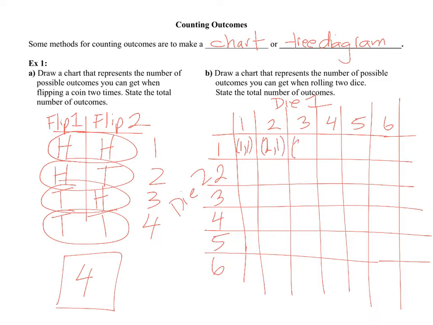For die 1 I'll get a 3, and then for die 2 I'll get a 1. For die 1 I get a 4, and then for die 2 I get a 1. Alright, and so on. Let's go to the next row. For die 1 I get a 1, and for die 2 I get a 2.